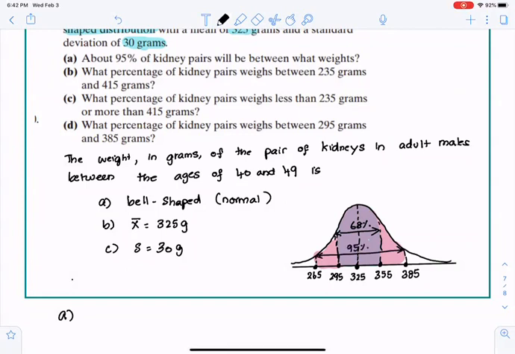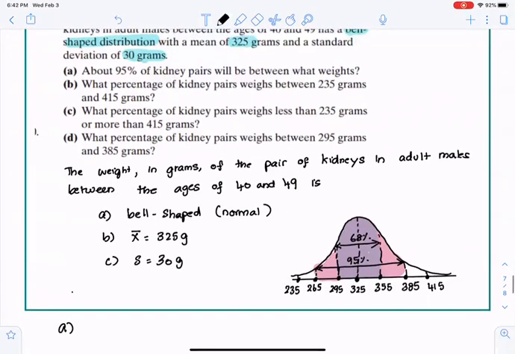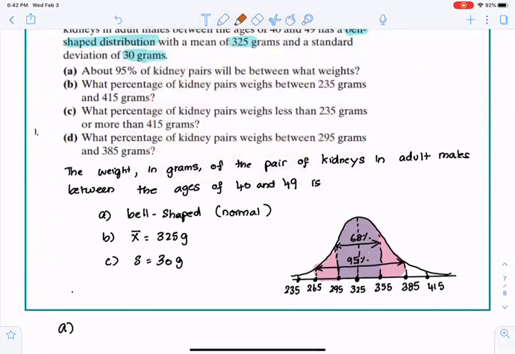And lastly, three standard deviations. I'm going to add 30 to 385, which brings me to 415, and subtract 30 from 265, which brings me to 235. So we'll use a different color.